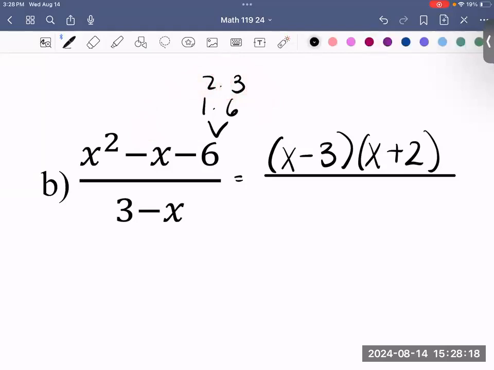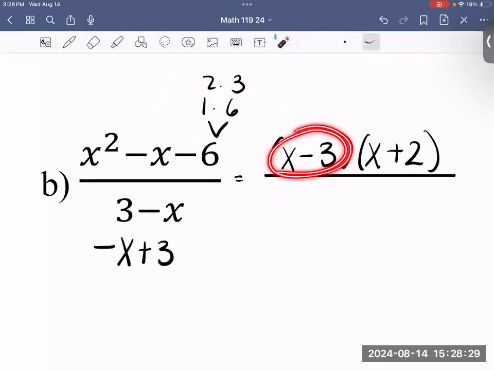Now notice that we have 3 minus x. Even if we rewrote it as x plus 3, that's not exactly what we need. We're noticing, hopefully, that these are kind of close, but just need an alternate sign change.